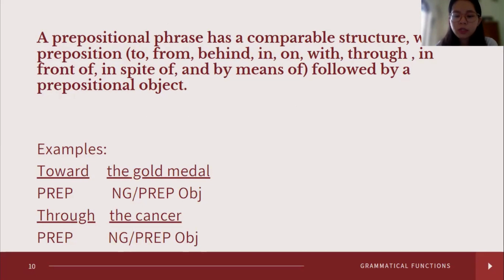We have the example here. Toward the goal. Toward is the preposition and the goal is the noun, or prepositional object. To the castle. To is the preposition and the castle is the noun, or prepositional object.